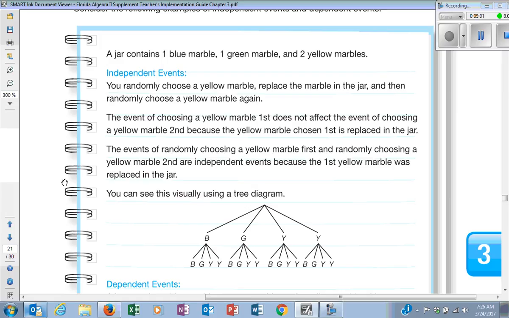The event of choosing the yellow marble first does not affect choosing the yellow marble second. Why? Because you put it back in. Does that make sense? When I put my yellow marble back in, I have the same chance of pulling it the second time as I did the first time. So no events changed. You with me?